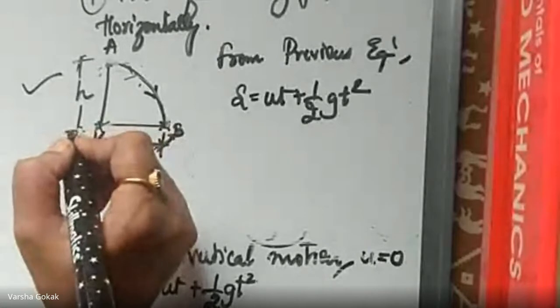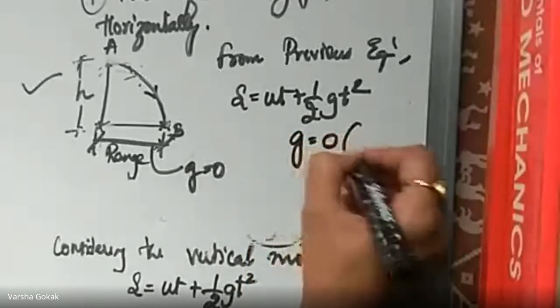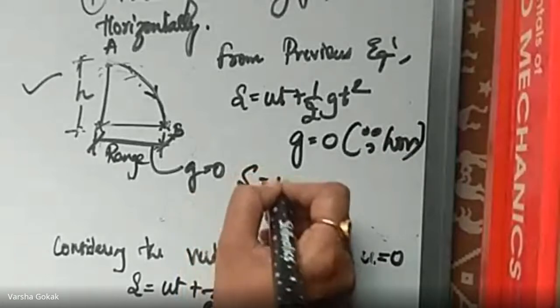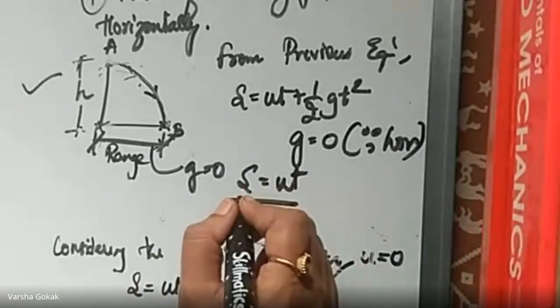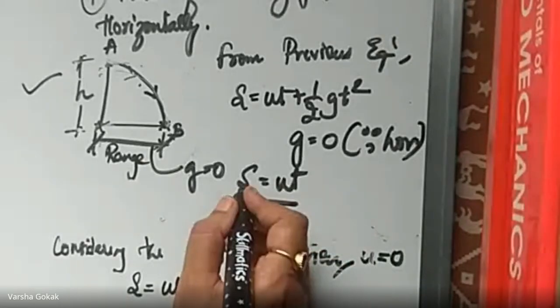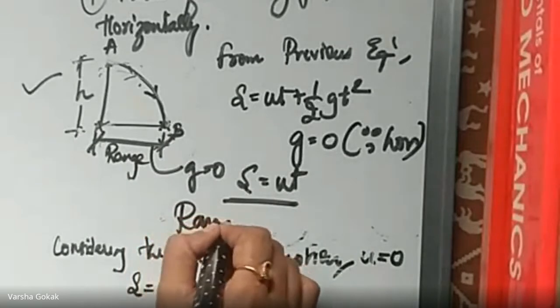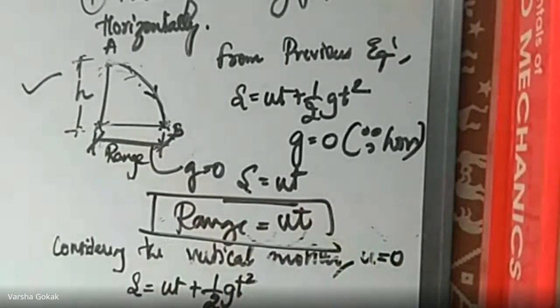What entity is becoming 0? The g value is becoming 0. Correct? So here I'll put g equal to 0 because horizontal motion. So S is equal to ut. So I get an equation S equal to ut. S in horizontal motion is what? Range. So range is equal to u into t is the equation for this case.